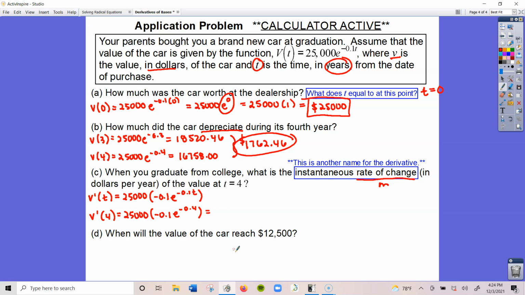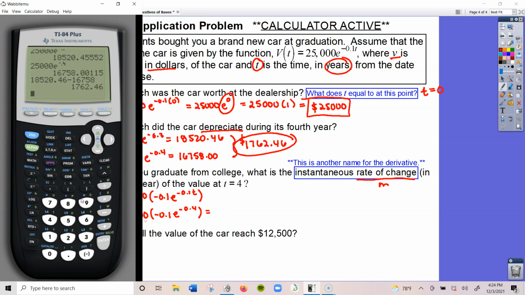So let's go ahead and put that into the calculator. We have 25,000 times negative 0.1 times e raised to the negative 0.4. And we get negative 1,675 and 80 cents.